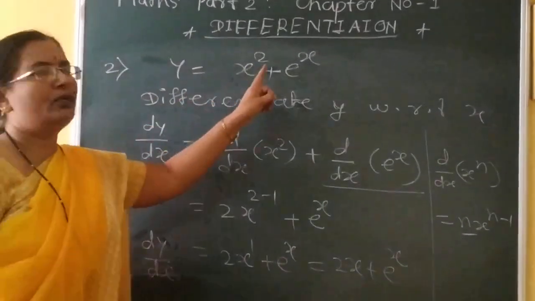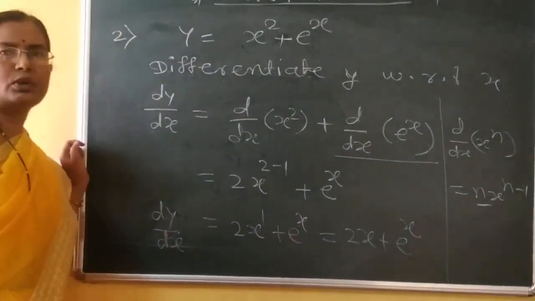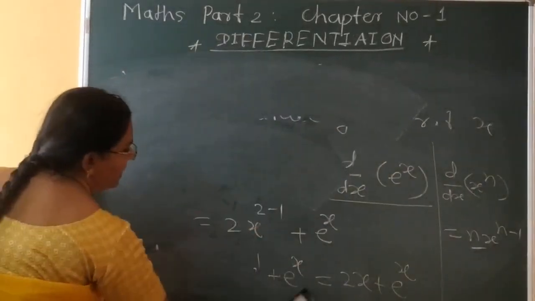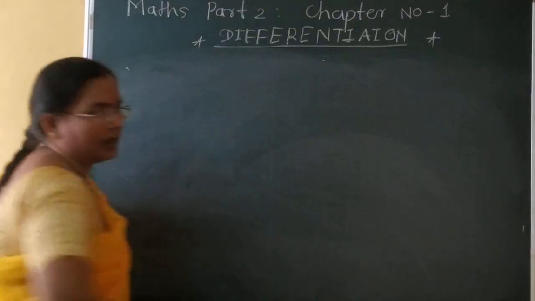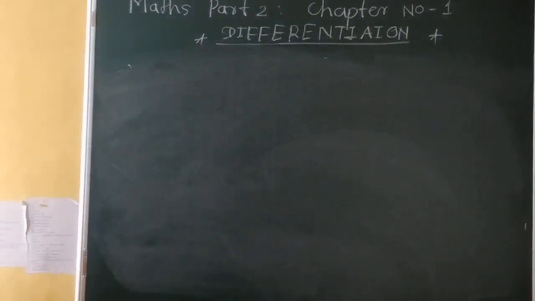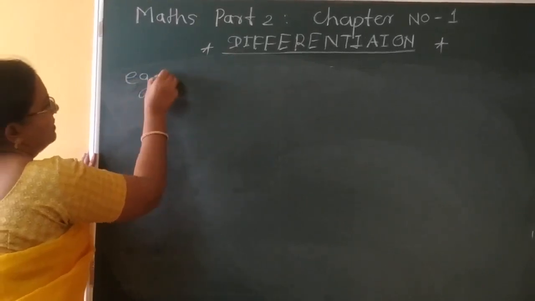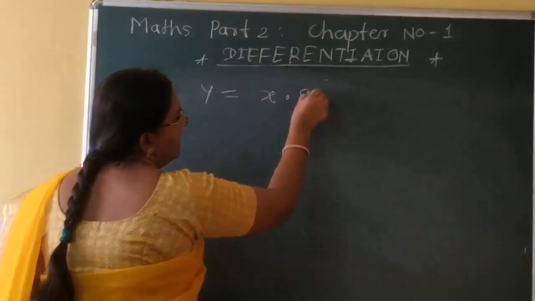That was the addition of two functions. Now we are taking some examples for the product. By using the product rule, we can differentiate the given functions. Suppose, for example, y is equal to x into sin x.